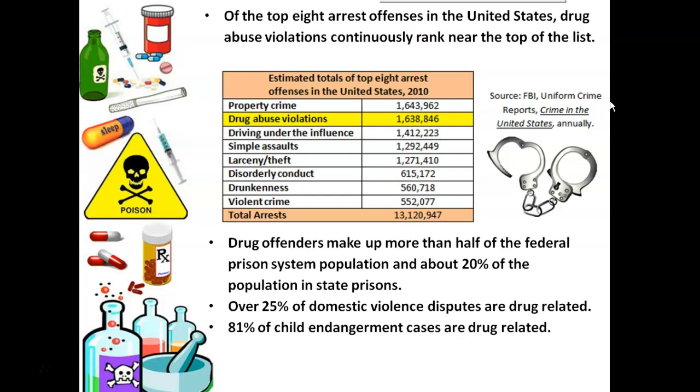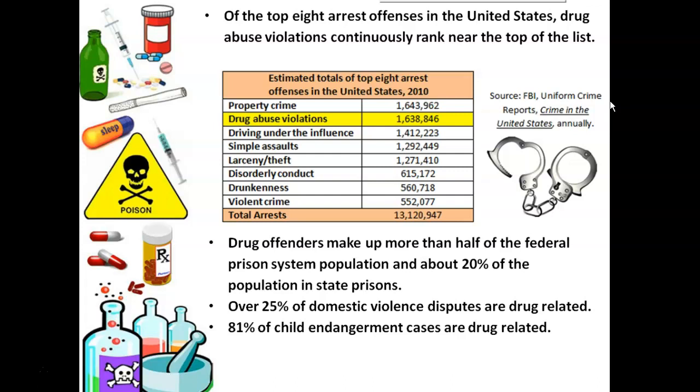So what child endangerment means, it doesn't always necessarily mean child abuse. It can, but it doesn't always. An example of child endangerment would be if there was a child in a house that people were selling drugs out of.